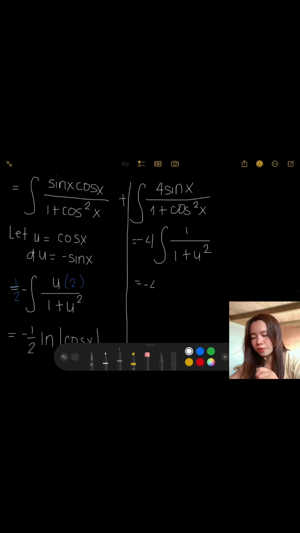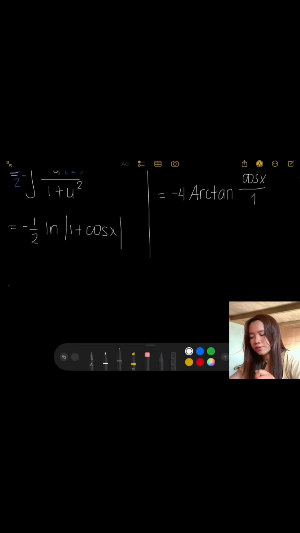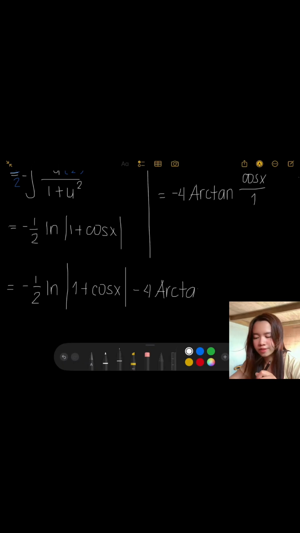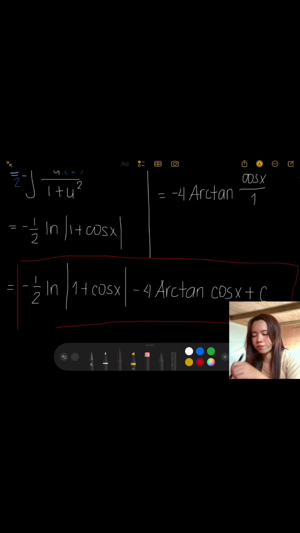So negative 4 arctan, our u is cos over 1. Our final answer is negative 1/2 ln cosine x minus 4 arctan cosine x plus c. So this is now our final answer.